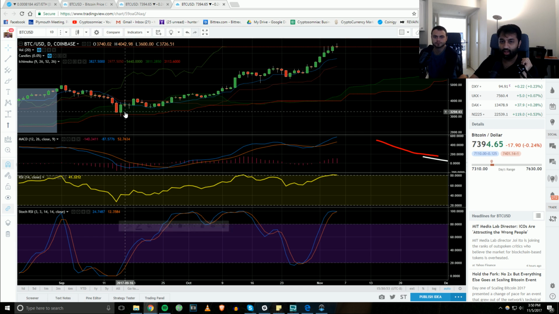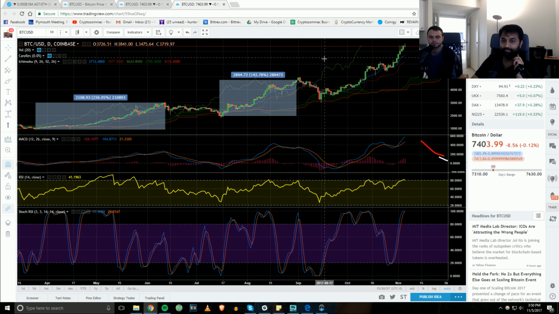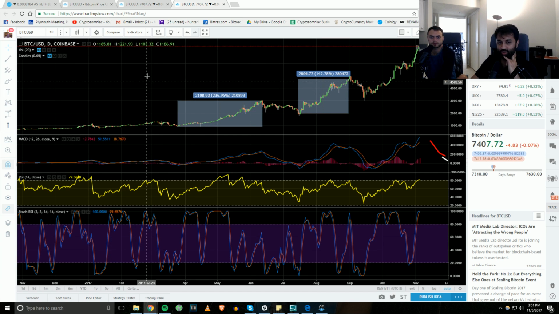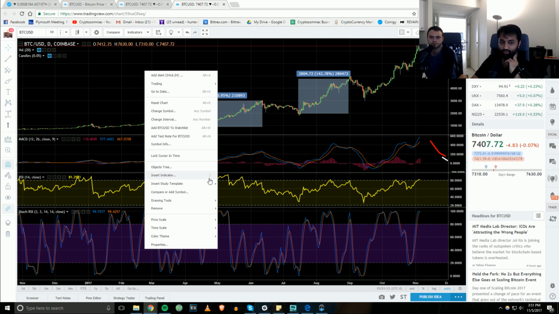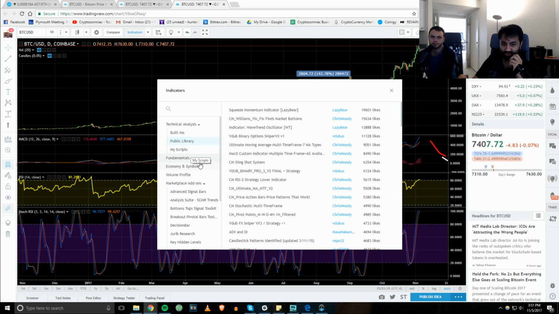The Ichimoku clouds here, you can see the little bands going around here. It kind of shows you how stretched or how far we could have been up or could have been down, based on the price action of the previous days. We're just going to delete that. I just wanted to show you that there's just hundreds of little indicators out there that you could use for your analysis, but we're just going to go through some of my favorites.